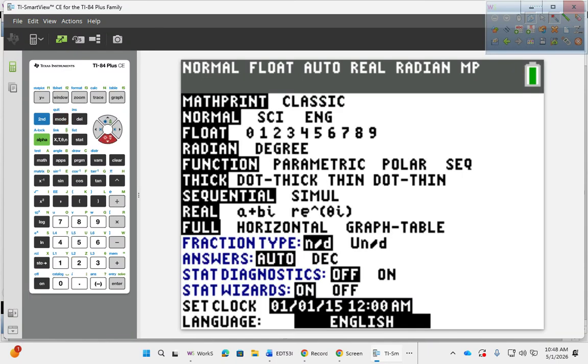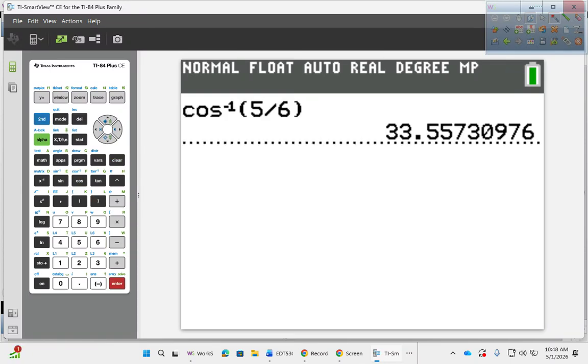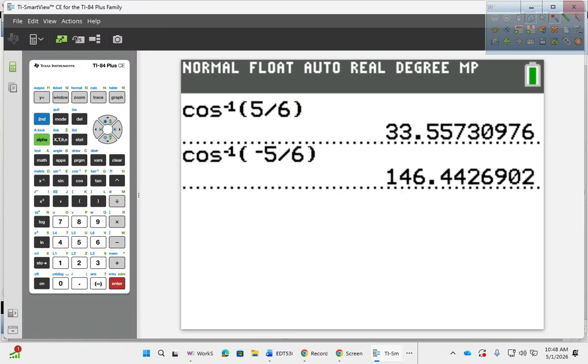Most of your calculators are probably already there, but I reset mine, so I'm not. So I'm changing myself to degree mode, and then I'm doing the cosine inverse of 5/6. I'm not doing negative 5/6. You will not get the same answer. Okay, so don't do negative 5/6. You're just doing 5/6.